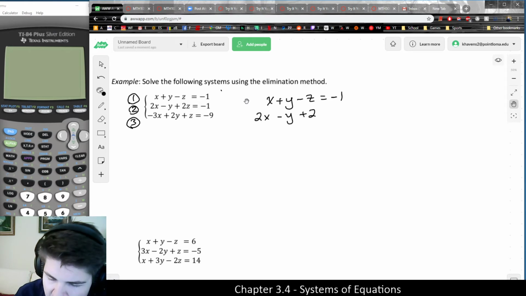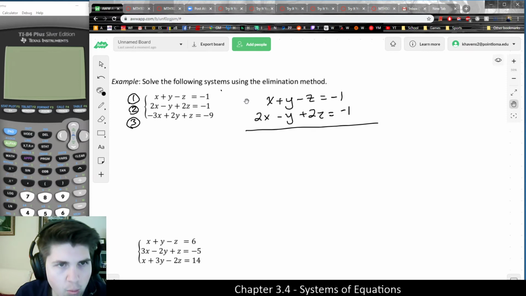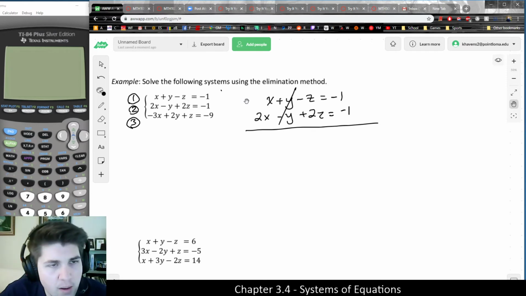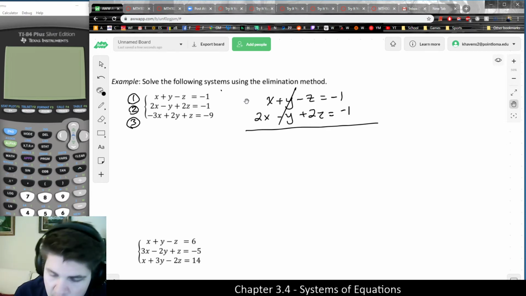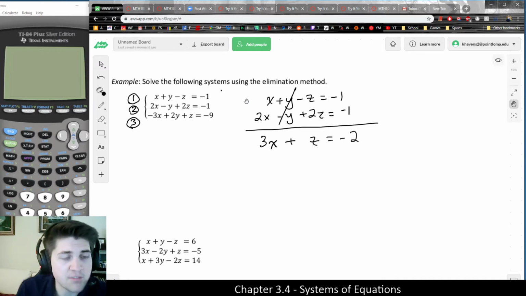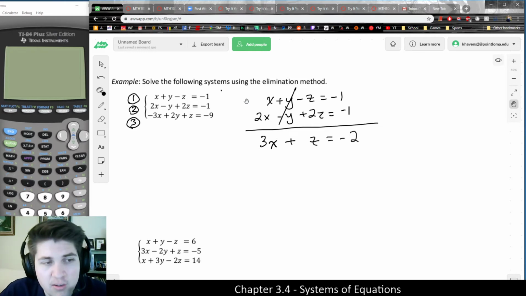The reason I would choose to add these together is because notice that in both equations I have y and minus y. So those two equations were ready to eliminate from the beginning, which is very nice because the goal is always to eliminate my variables. Because as I eliminate my variables, I'm simplifying and making my equations easier to solve by removing the unknowns.